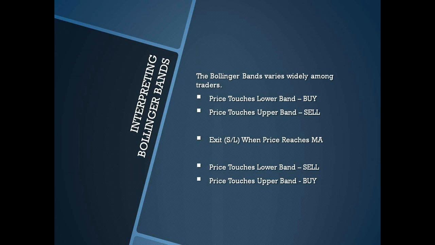If price touches the upper band, we're looking at a sell position. Also, we need to know exactly when to exit, meaning when to have either a stop loss or when to close the position. We will be closing the position normally on the moving average. A lot of traders are doing that. Most of the traders that I know are doing the same thing.